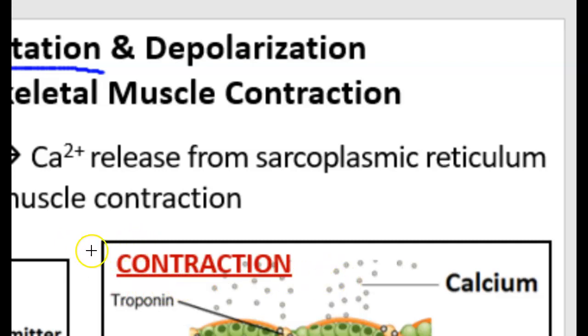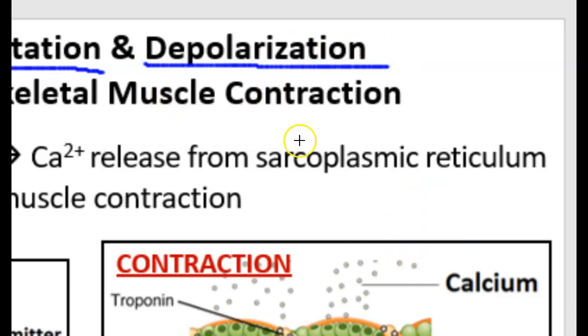Ultimately, that causes ion influx and a wave of action potentials that travel to the sarcoplasmic reticulum. So this excitation and then depolarization of the muscle cell is coupled to muscle contraction because the sarcoplasmic reticulum releases calcium. And this calcium is needed in order for cross-bridge formation to occur between the actin and the myosin.